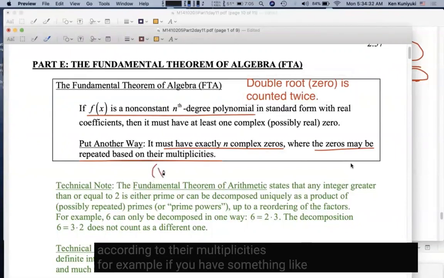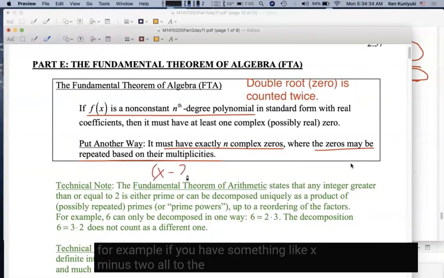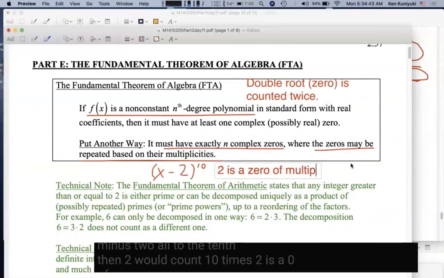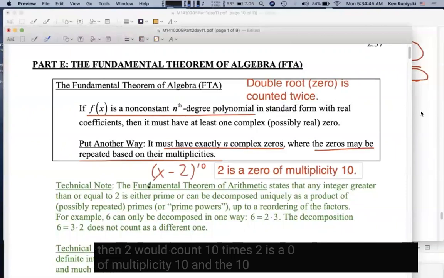For example, if you have something like x minus 2 all to the 10th, then 2 would count 10 times. 2 is a 0 of multiplicity 10, and the 10 complex zeros are all named 2.